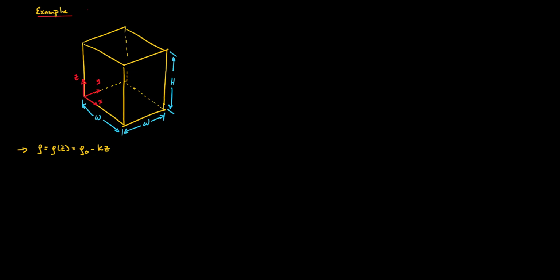So the density is given by the function rho naught minus kz, where k is a constant. So what this tells us is as we increase position in the z direction, so as we move up, the density will decrease from its reference density of rho naught.